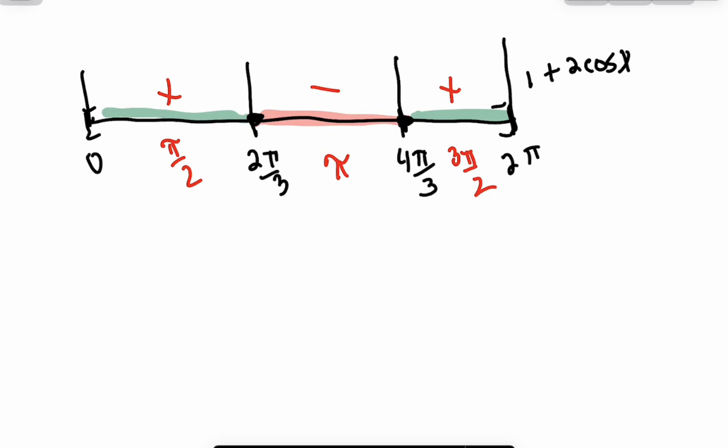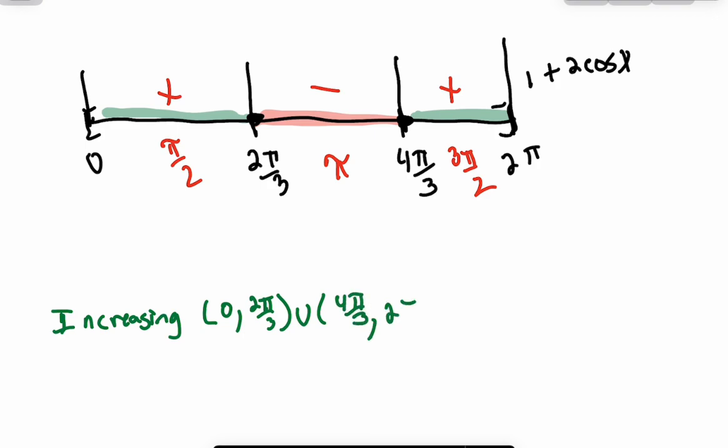Okay, so now we're going to analyze what happens. It is increasing from 0 to 2 pi over 3, and also from 4 pi over 3 to 2 pi.